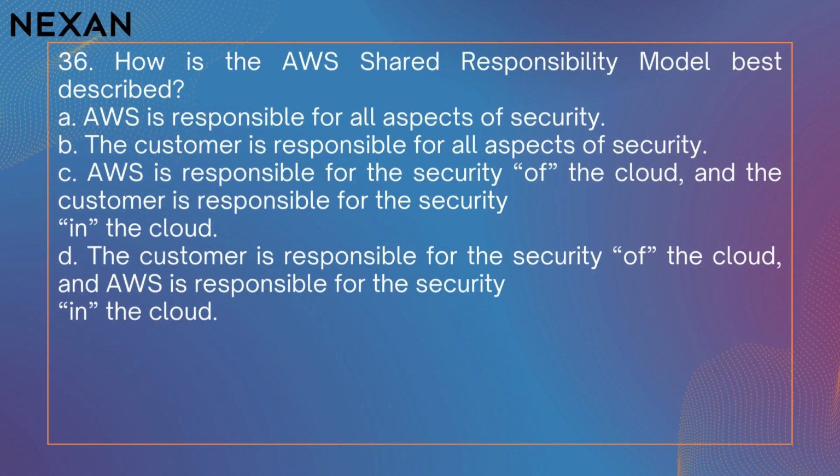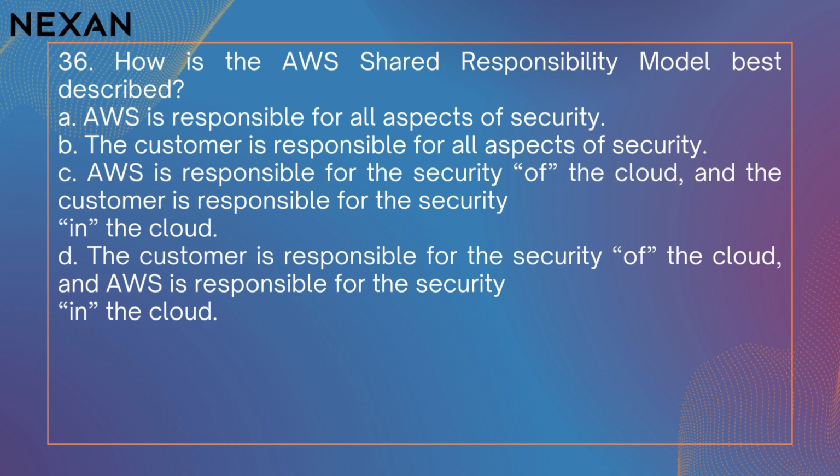36. How is the AWS shared responsibility model best described? A. AWS is responsible for all aspects of security. B. The customer is responsible for all aspects of security. C. AWS is responsible for the security of the cloud, and the customer is responsible for security in the cloud.